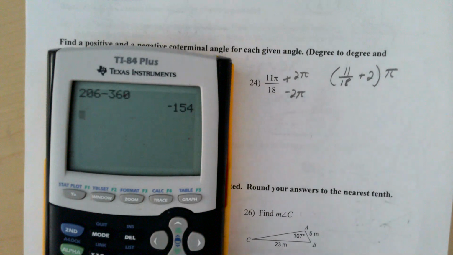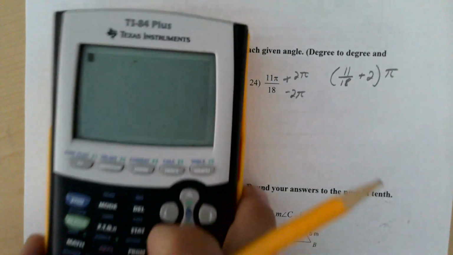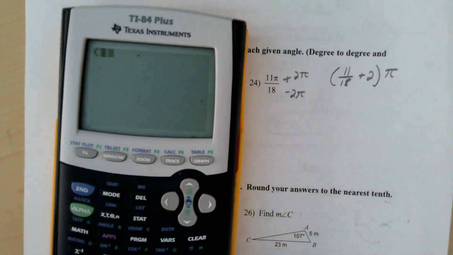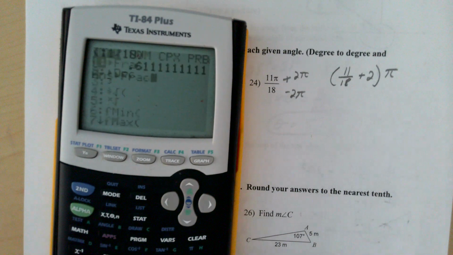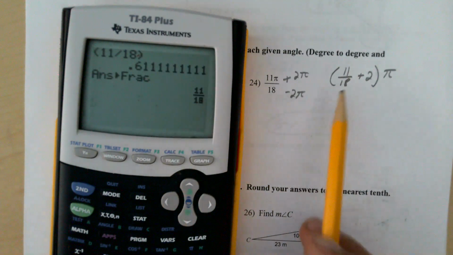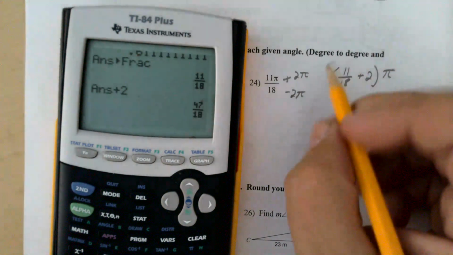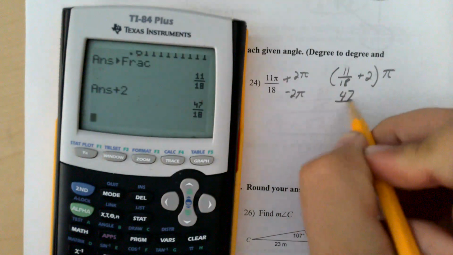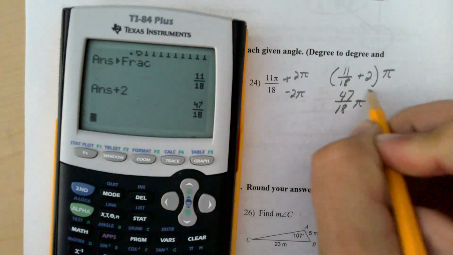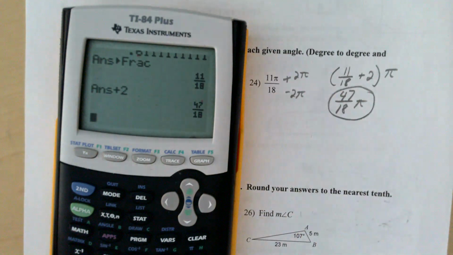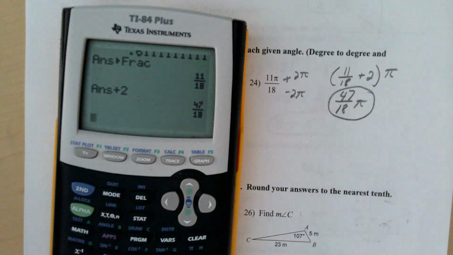You can get a common denominator if you wanted to do it without a calculator. But I do 11 divided by 18. I'm going to hit enter and then math enter, enter. I like seeing it as a fraction. So there's my 11/18. So when I add a 2, I'm going to see it's really 47/18 pi. Okay, that is a positive coterminal.